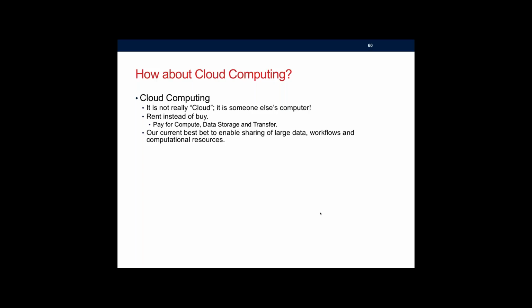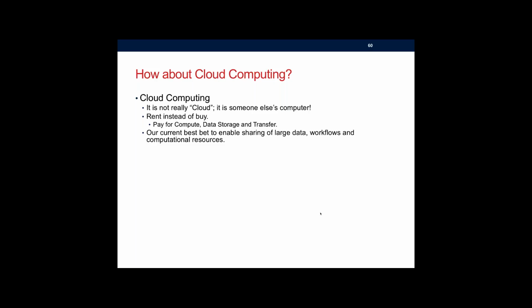I don't want to sound negative about it. In contrast, I'm extremely happy that we have this infrastructure. This is actually probably our best bet right now to get sharing of large data workflows and computational resources between multiple institutions.